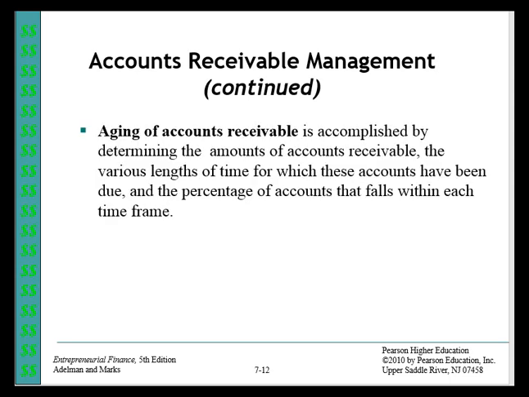So one of the ways we can kind of look at this management is through what's referred to as the aging of accounts receivable, right? We want to figure out, look at our accounts. Who owes us money? What is the average time that these certain groups are taking to make payment on their accounts?